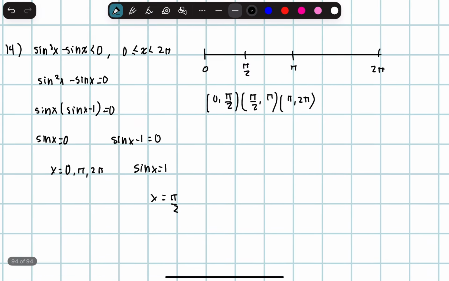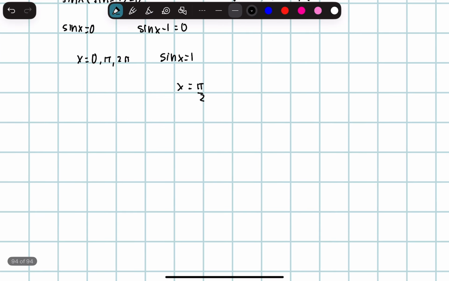Okay, great. So now let's test these intervals. For testing, we can do x is equal to pi over 4, and sine of pi over 4 is equal to root 2 over 2, which is approximately 0.707.